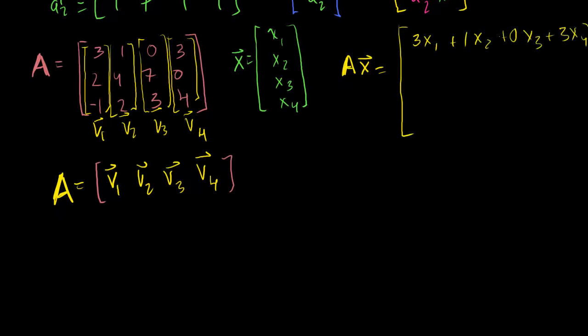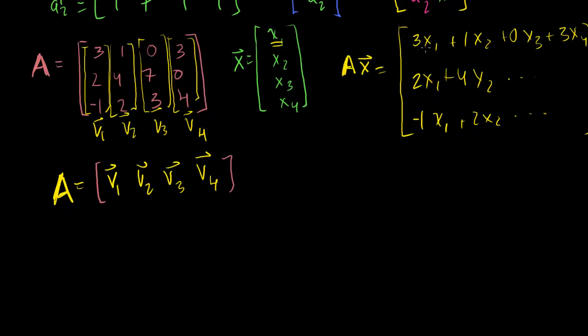That's the first entry. And then you have 2 times x1 plus 4 times x2 all the way. And then you finally have minus 1 times x1 plus 2 times x2. You get the idea. But what's happening here? This first vector is always being multiplied by the scalar x1.